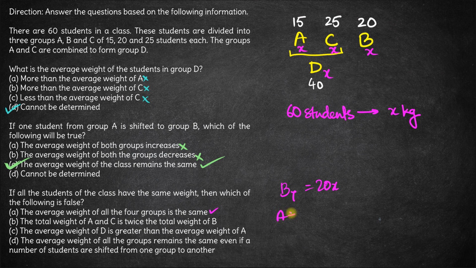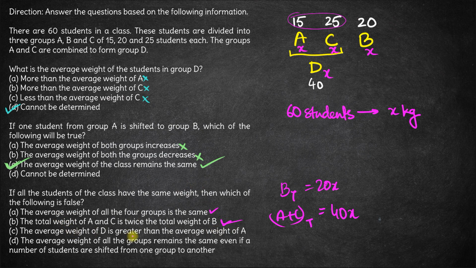Now for A and C together, there are a total of 40 students in A and C combined, and the weight of each of these students is x. So the total weight will be 40 times x. So the total weight of A and C is twice that of the total weight of B. This is correct, so this also cannot be the answer.